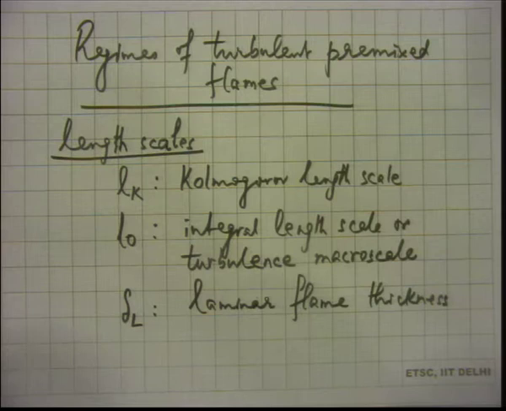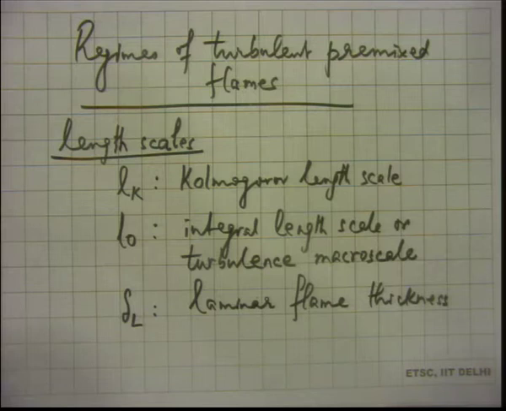Delta L is a length scale because it is a thickness, the thickness of a laminar flame. Suppose you have a propane air mixture. For that, you can calculate the laminar burning velocity and delta L. That delta L is a length scale because it is actually a length. So, these are three important length scales.